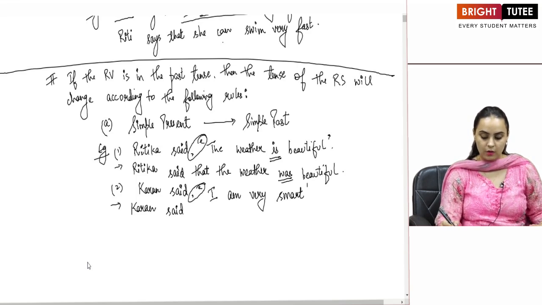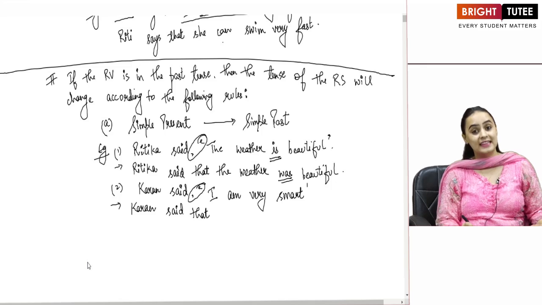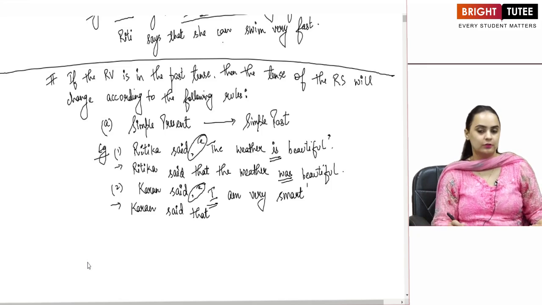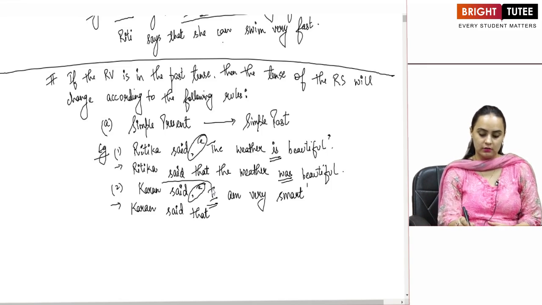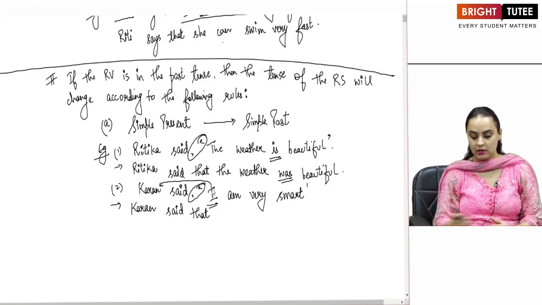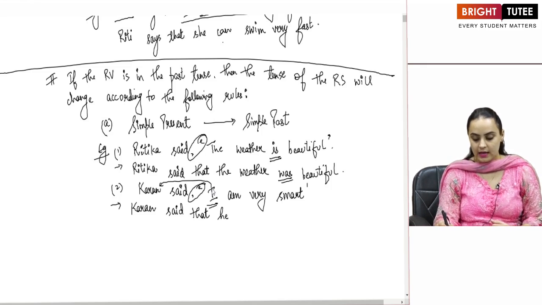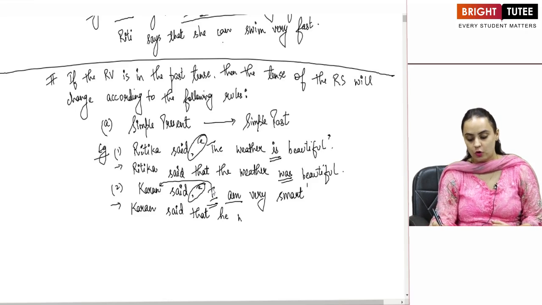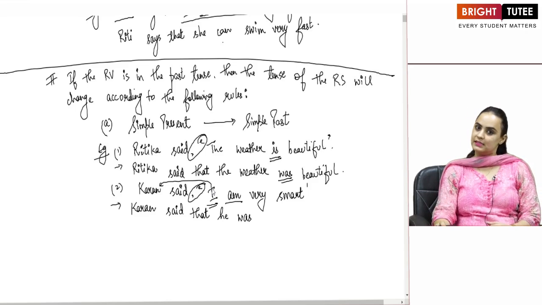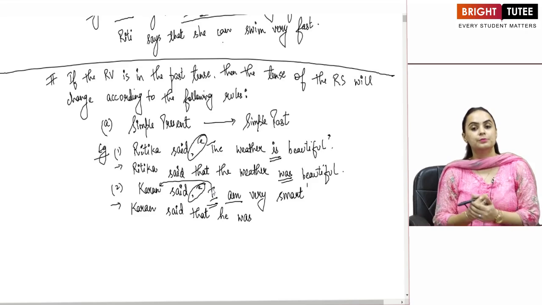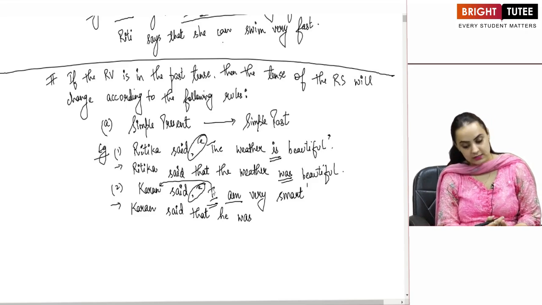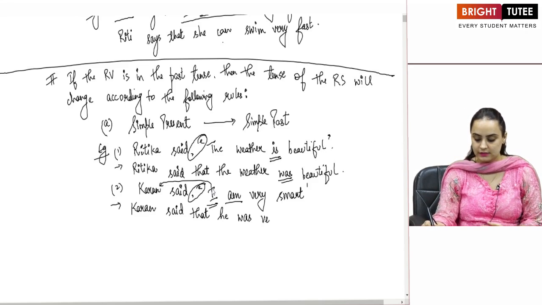We remove the commas, we write that. So Karan said that. I. Who is this I used for? This I is used for Karan. So that he, am changes to was. Am is in simple present. Simple past becomes was. So that he was very smart.